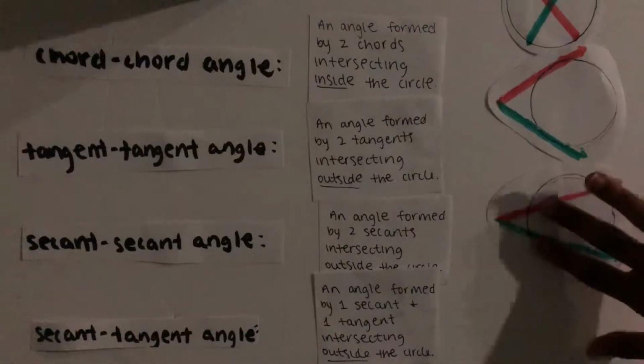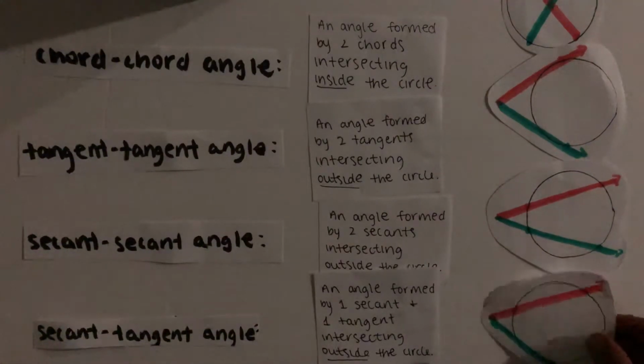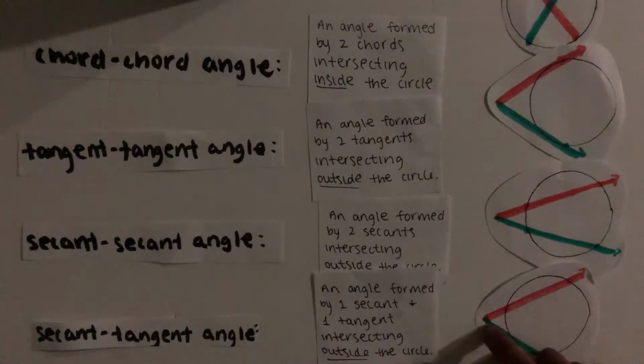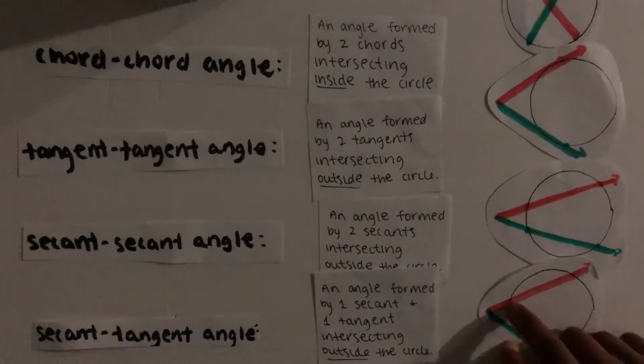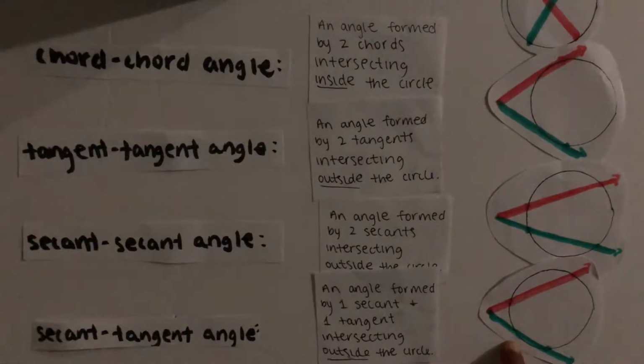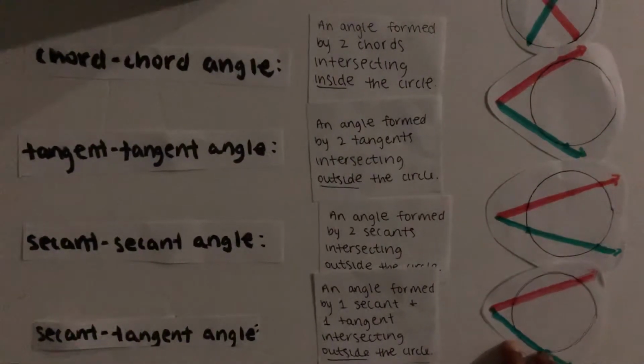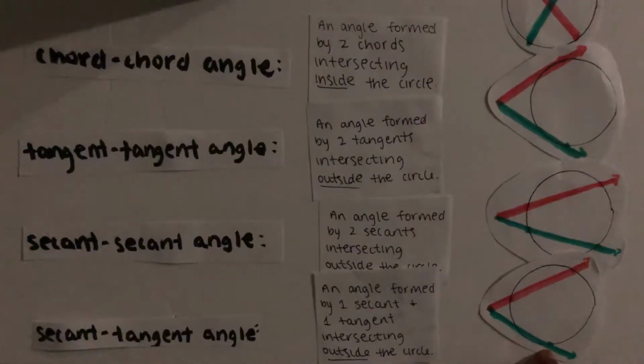So, for the diagram, it would look something like this, where there's the red line representing the secant and the green line representing the tangent. You can see for the secant, the endpoints on the circle would be this line and this line. And for the tangent, there's only one endpoint right here, right where it hits the circle.